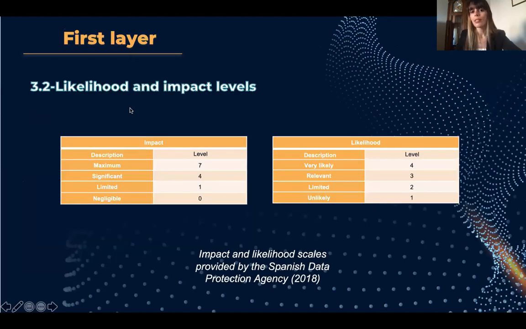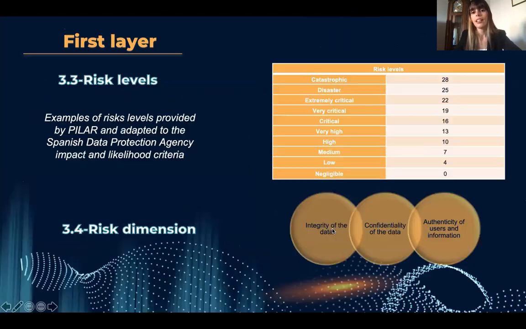Once the resources are determined, we have to choose the likelihood and impact levels. We are going to select a scale. For example, in the case of Olympus, we selected the impact and likelihood scales provided by the Spanish Data Protection Agency. And we have to determine the risk levels.